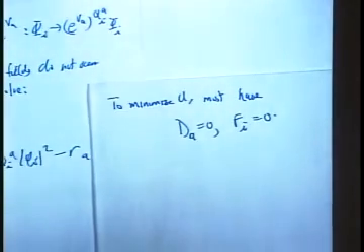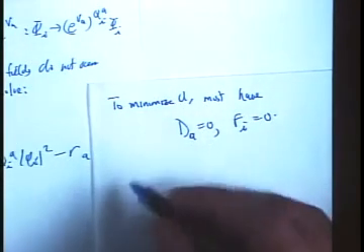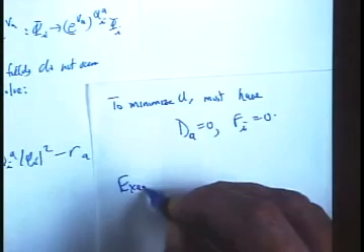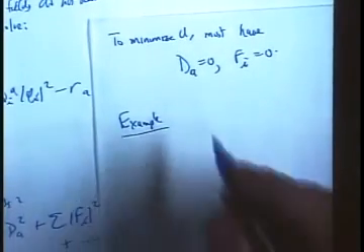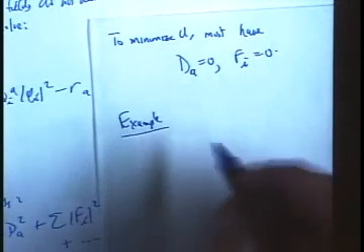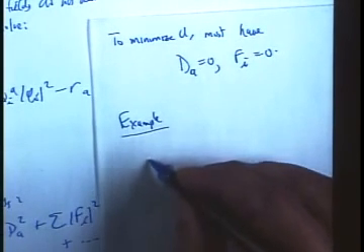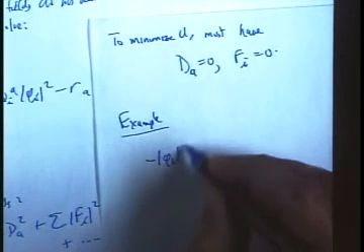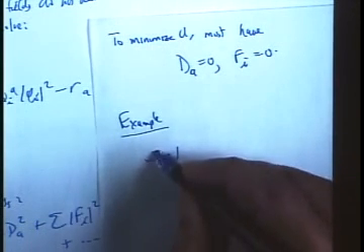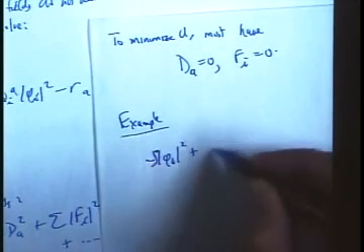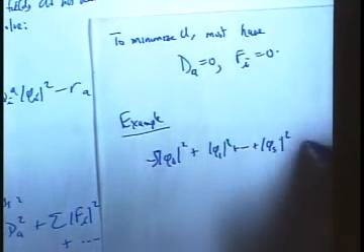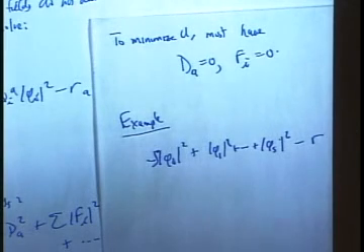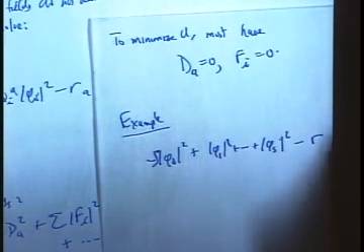So now we get to something which is really very geometric in nature. Let me go back to my example just briefly. In my example, dA looks like minus 5 phi 0 squared plus phi 1 squared up to phi 5 squared minus r. There's just one r in this case. And that's supposed to be 0.